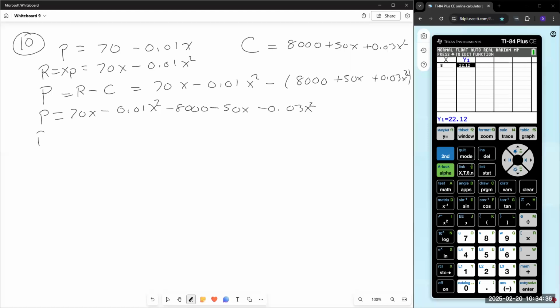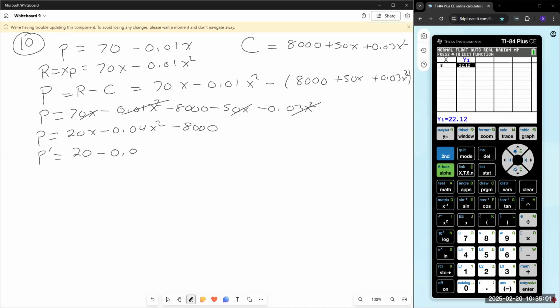Capital P profit is 70 minus 50 is 20x. And then we have negative 0.01 minus 0.03 is minus 0.04x squared minus 8,000. So P prime is 20 minus 0.08x.